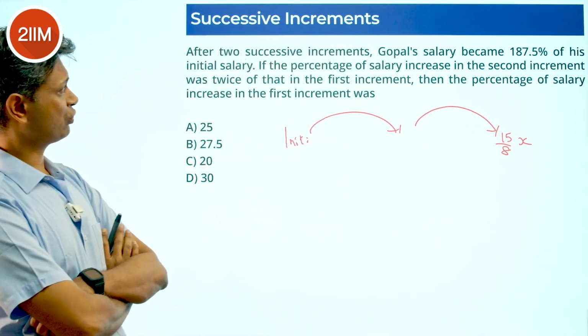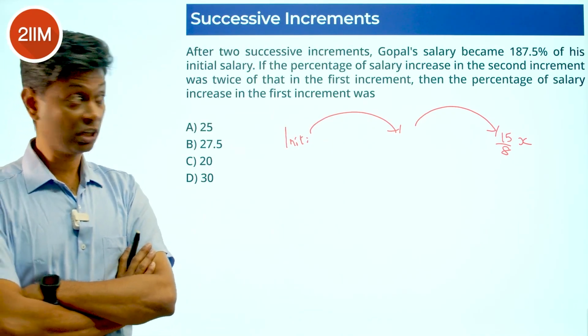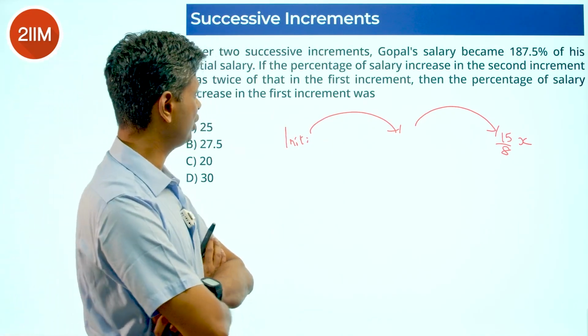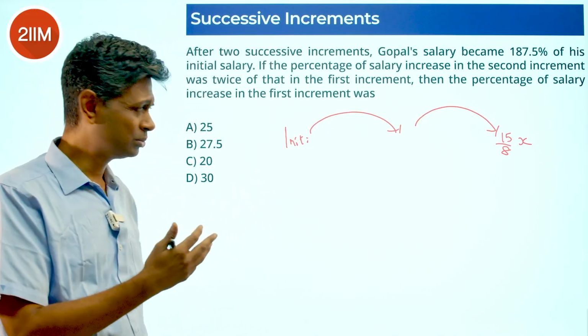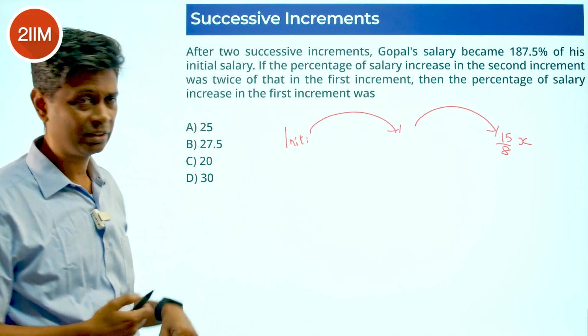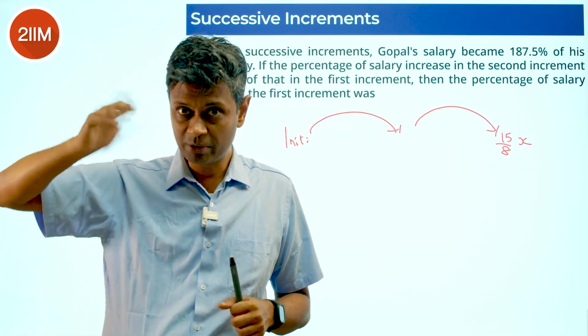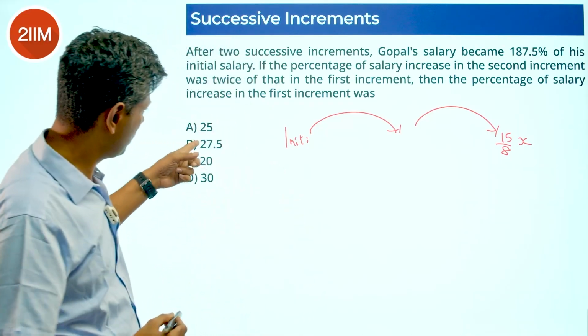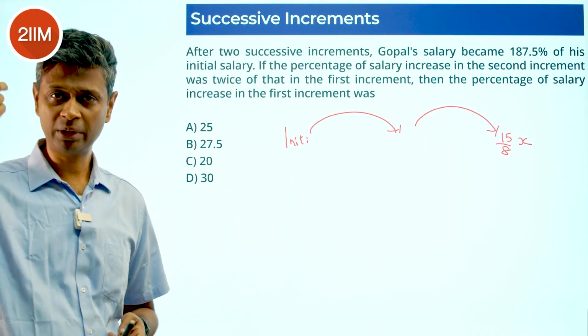If the percentage of salary increase in the second increment was twice that of the first increment, find the percentage of salary increase in the first increment. For example, some x into, suppose it were 25%, it will be 5 by 4, then 50%, 3 by 2. So 20%, 6 by 5 into 7 by 5.